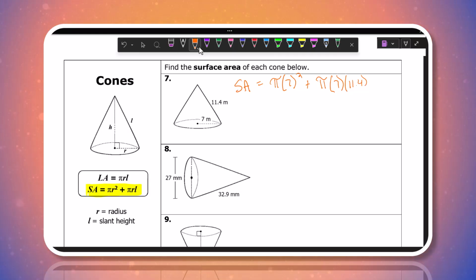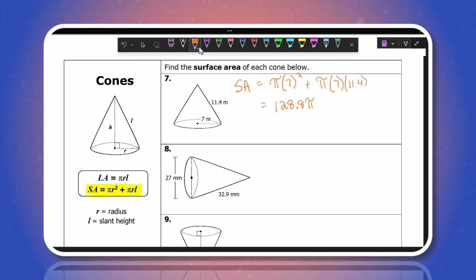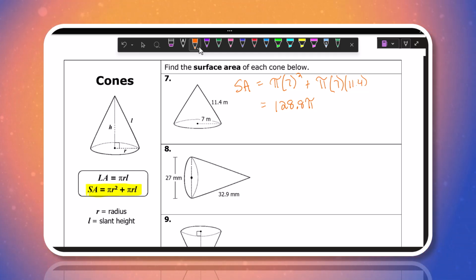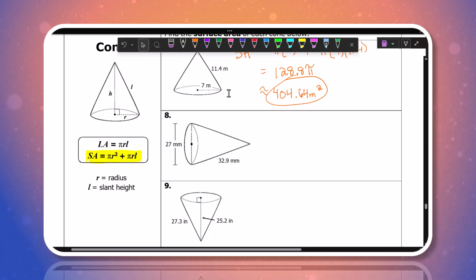So we throw that in our calculator or Desmos, we get 128.8 pi. So that is an exact answer. We didn't round anything. Or if we have to round and we multiply by pi, we get approximately 404.64 meters squared. Just applying that formula.